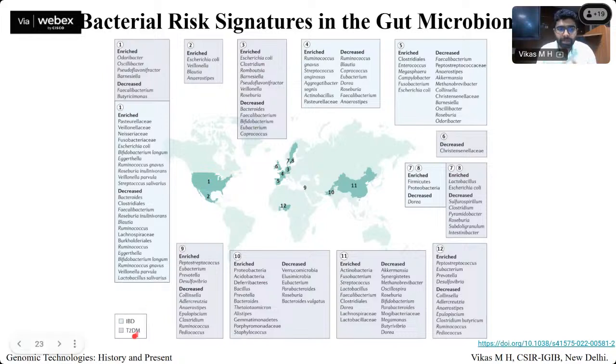And when it comes to IBD, there are some organisms which are increasing in their proportion, and these are able to tip how the host reacts to drugs as well.